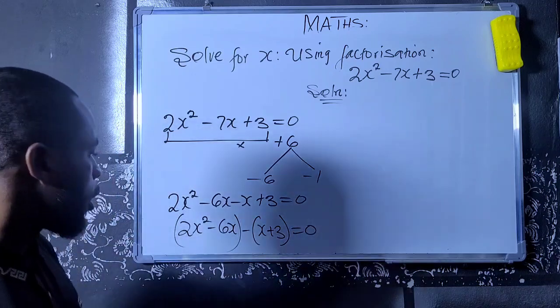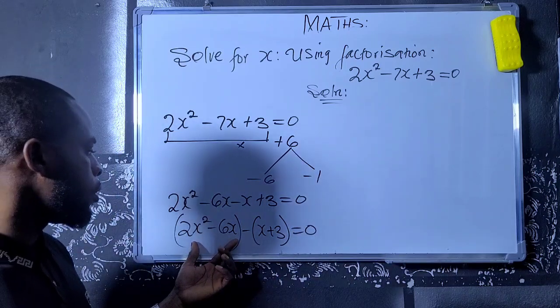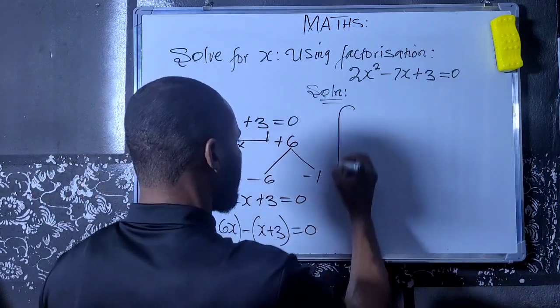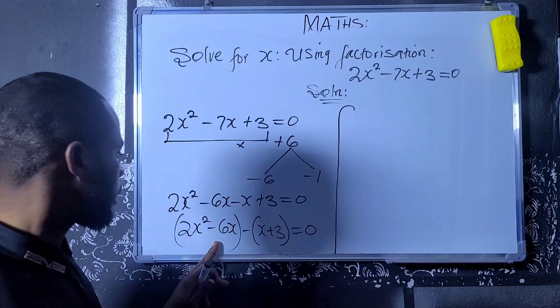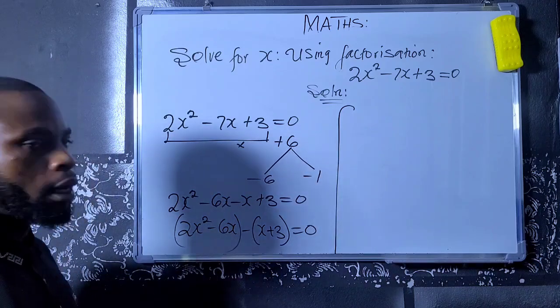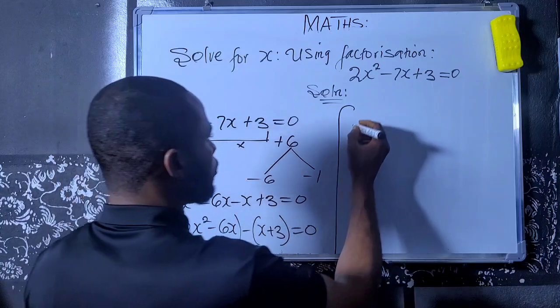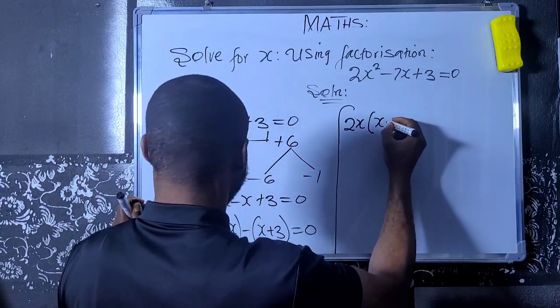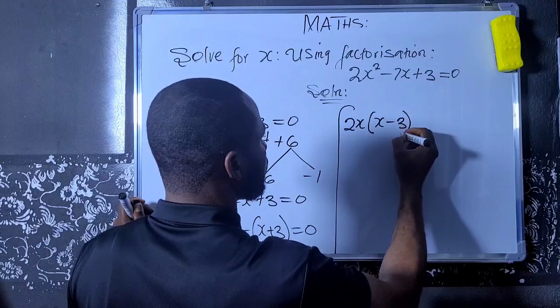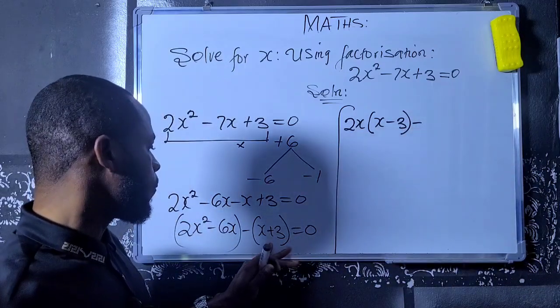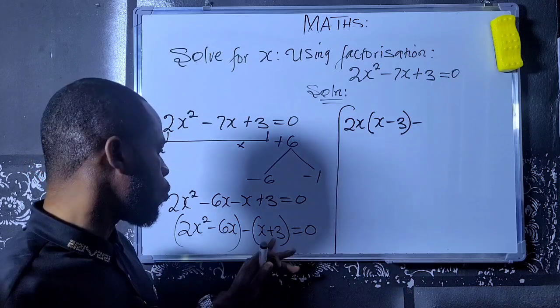Then as such, I'm going to factor out the common factors in each bracket. In the first bracket, what is common? 2x is common. Then as such, I'm going to factor out 2x, and I'm going to have 2x into x minus 3 minus, then in the second bracket, what is common? 1 is common.